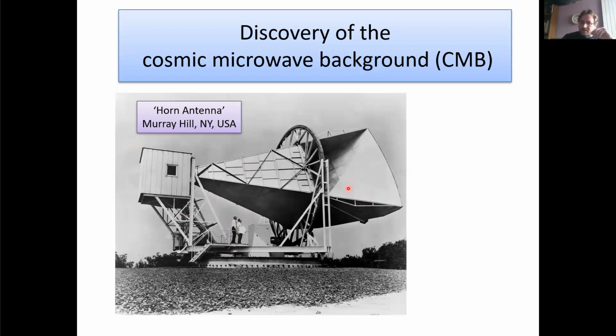It looks a bit like one of these old listening horns that old deaf people used to have before hearing aids became more sophisticated. So these guys built this antenna, did the electronics, and looked forward to doing the measurements. This was in Murray Hill, New Jersey, in the US, at the Bell Labs.